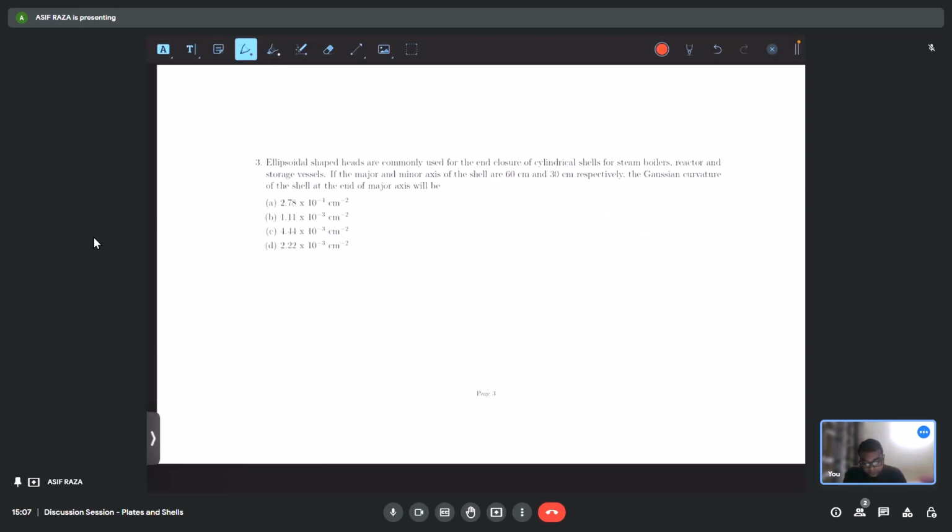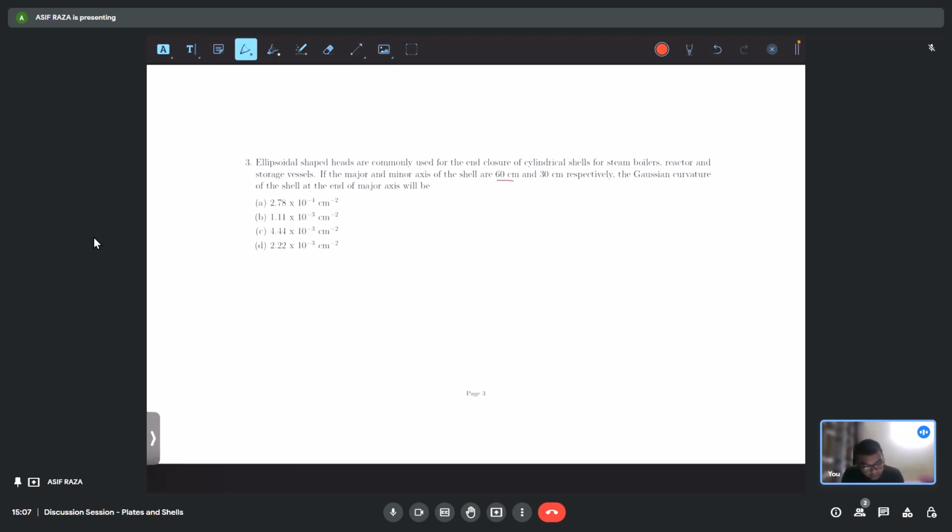Next question. Ellipsoidal shaped heads are commonly used for the end closure of cylindrical shells for steam boilers, reactors and storage vessels. If the major and minor axes of the shell are 60 cm and 30 cm respectively, the Gaussian curvature of the shell at the end of the major axis will be.